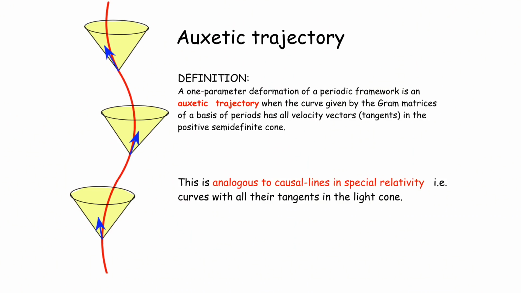And the fact that we could find this hidden structure related to conics, or in arbitrary dimension ellipsoids, is that we approached the matter with a purely geometric definition of auxeticity. So this is the definition.